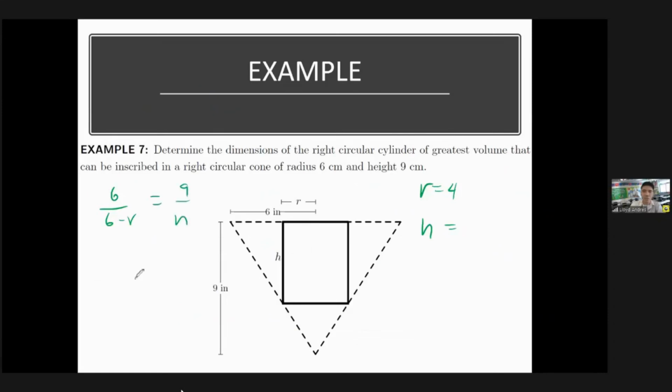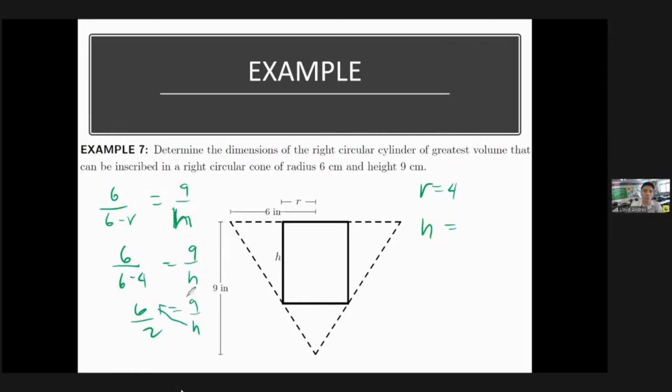This triangle, we can substitute here. We substitute r as 4. So 6 minus 4 equals 9 over h. Then 6 over 2 equals 9 over h.